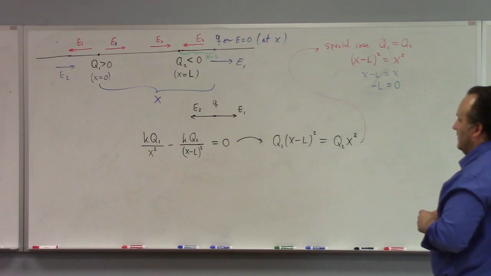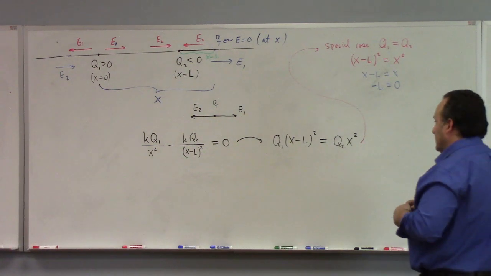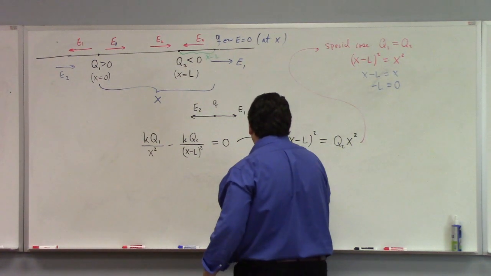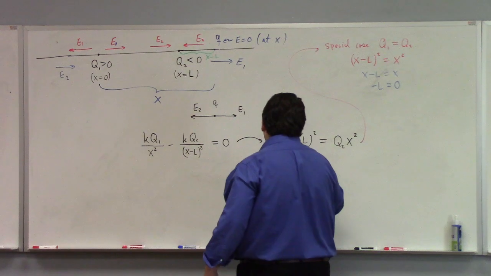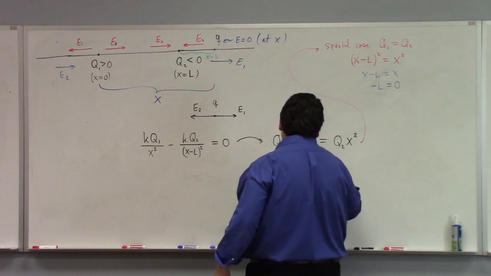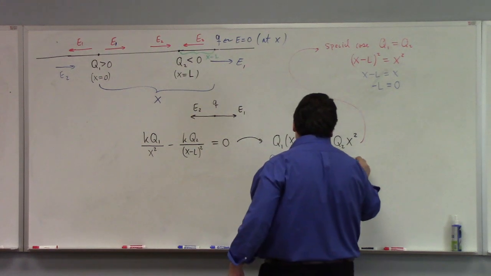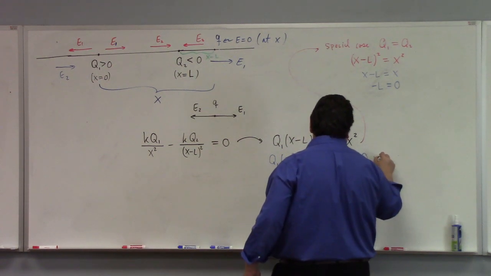Okay, so I think it's going to matter what L is. If we work this out, this is Q1 times X squared minus 2XL plus L squared, equal to Q2 X squared.